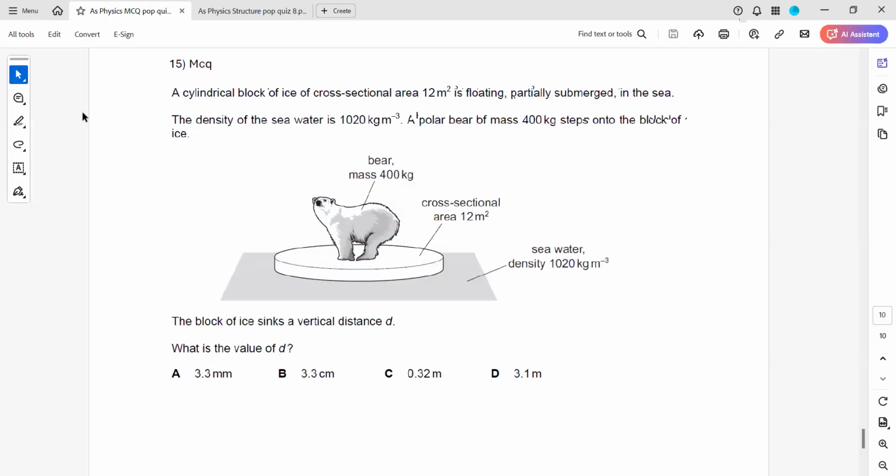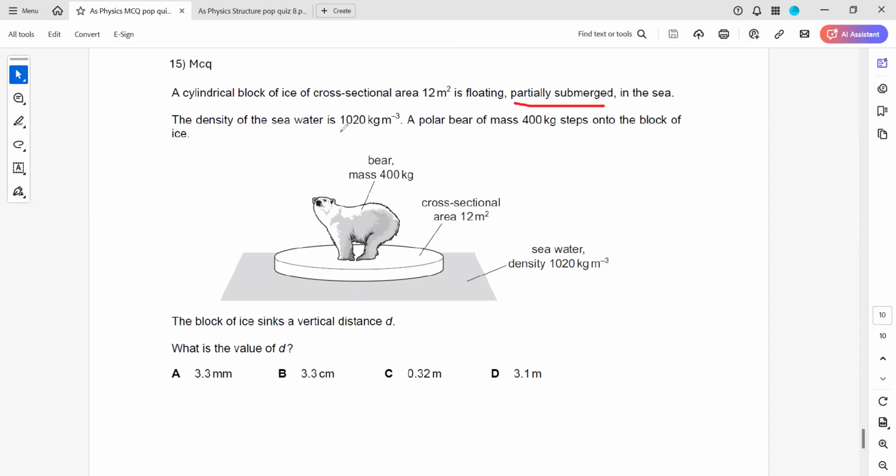A cylindrical block of ice has a cross-sectional area of 12 meters squared. It is floating. If it is floating, it means the total downward force is equal to the total upward force, okay? Because it is floating, and it is partially submerged. Question 14, okay, I will solve question 14 as well.